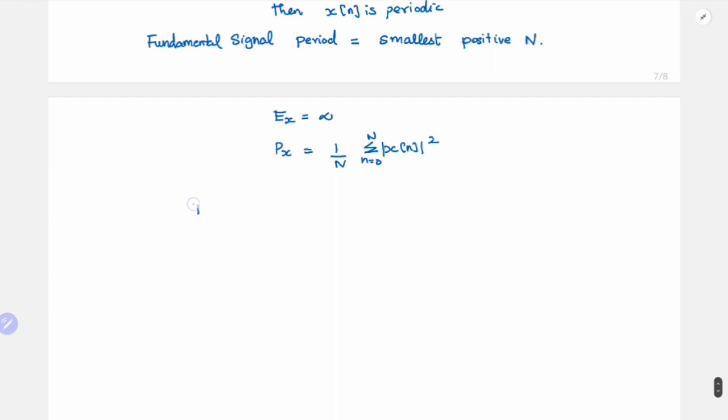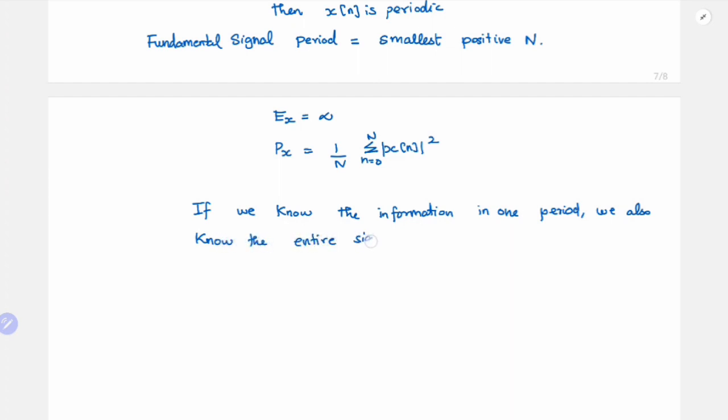So it is also similar to saying if we know the information in one period, we also know the entire signal if it is periodic.